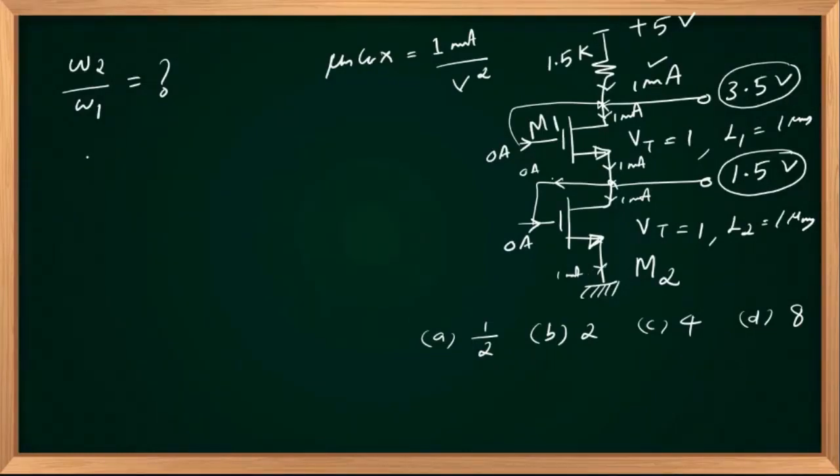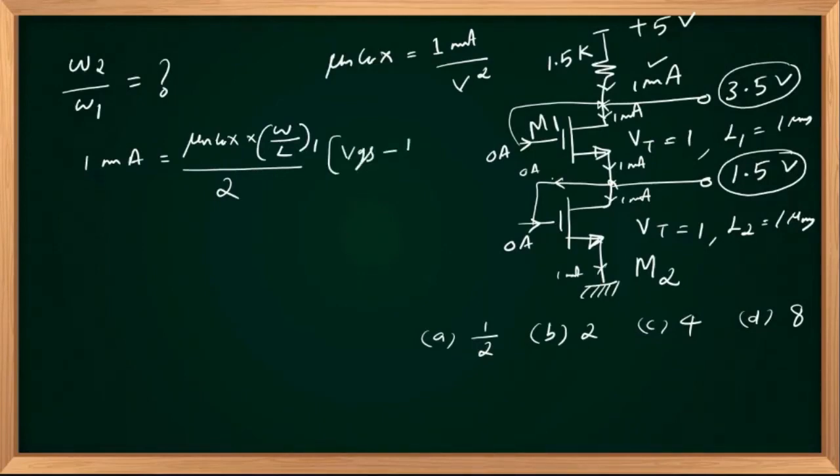So both transistors have a 1 milliampere current. 1 milliampere equals mu n C ox multiplied by W by L of 1, by 2, VGS minus VT, the whole square. This is for transistor 1. For both transistors, your parameter mu n C ox is 1 milliampere per volt square.